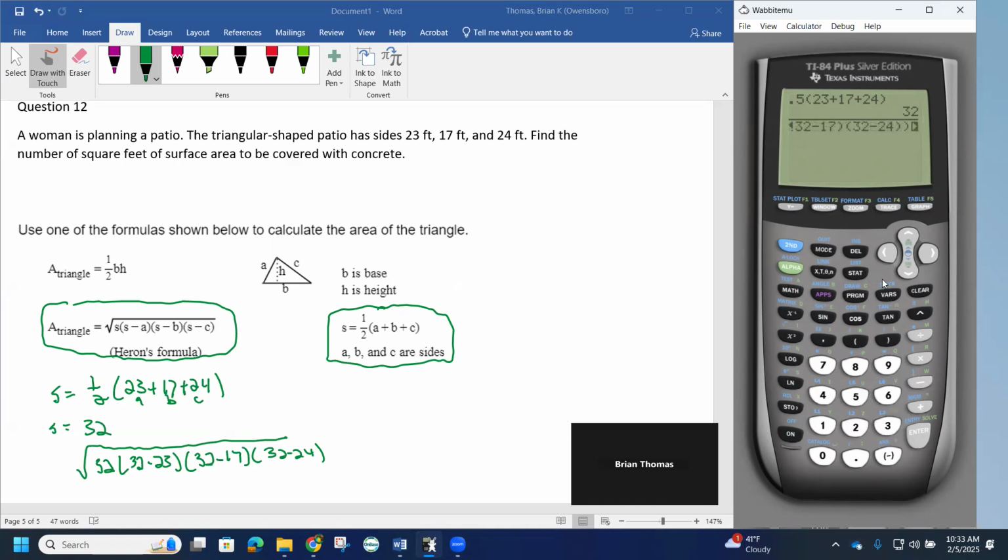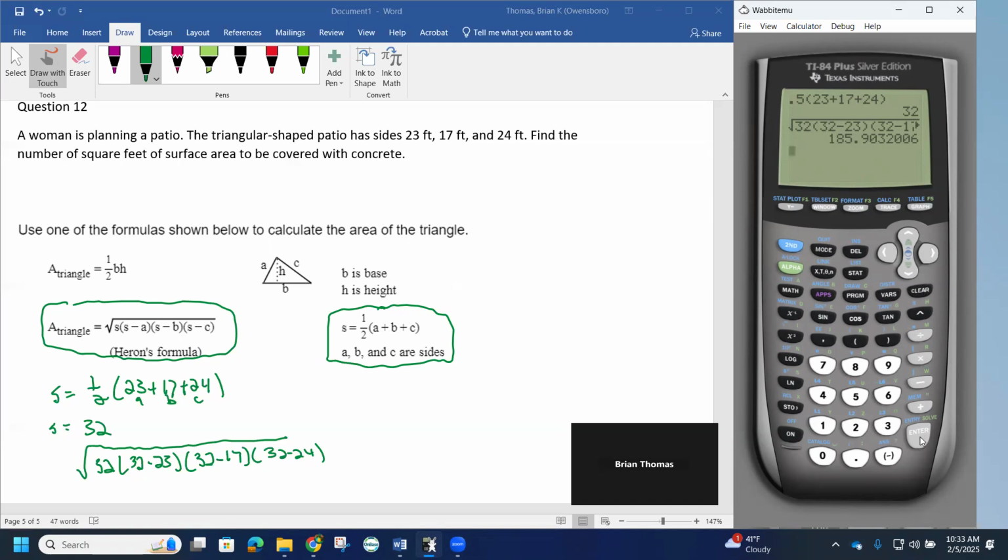Oops, I got too many parentheses there. I can also use the right arrow to come outside the parentheses, so now I'm outside the square root symbol. But since I'm done, it really doesn't matter. Hit enter, and we end up with 185.9 something.